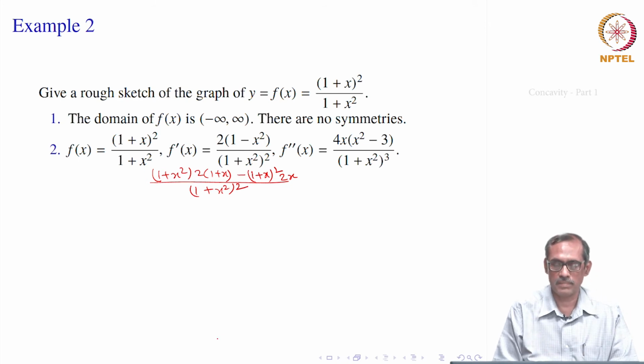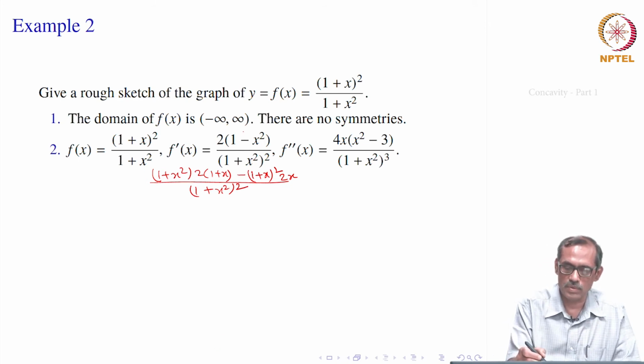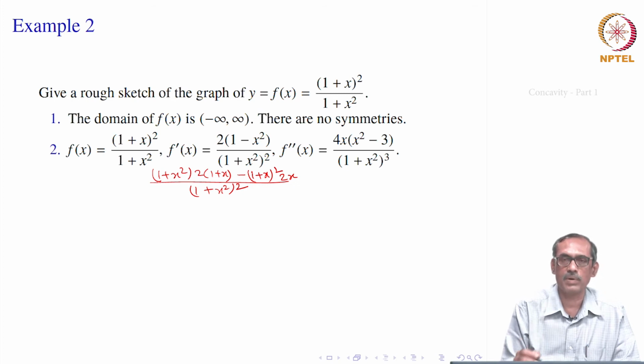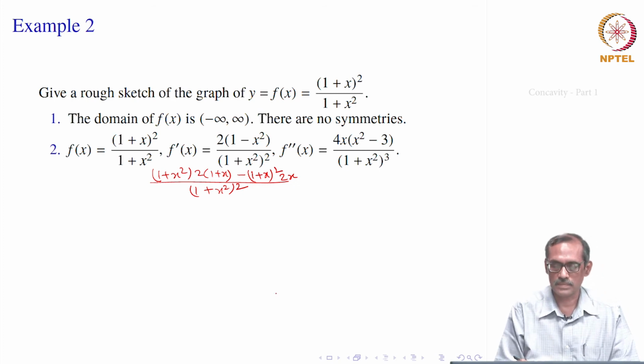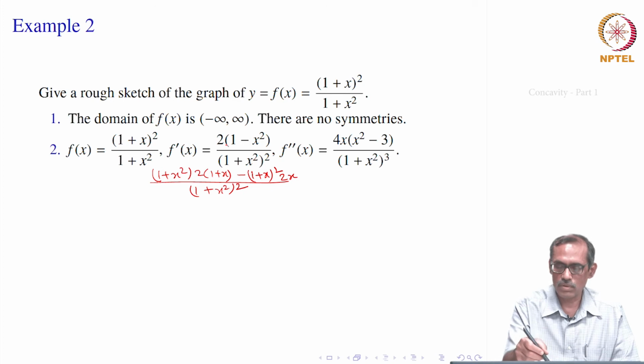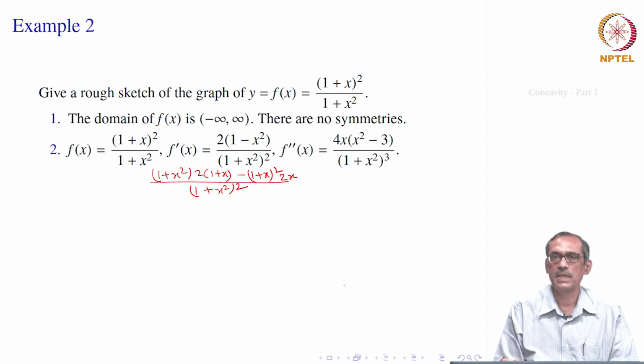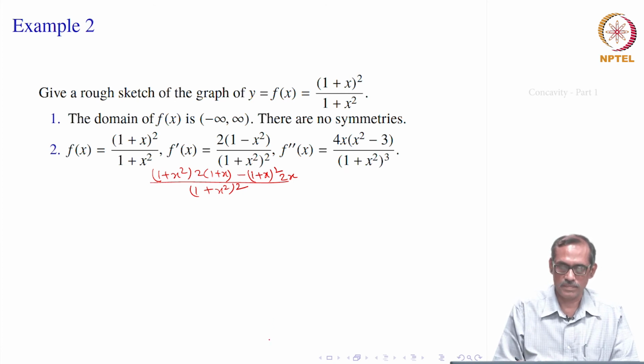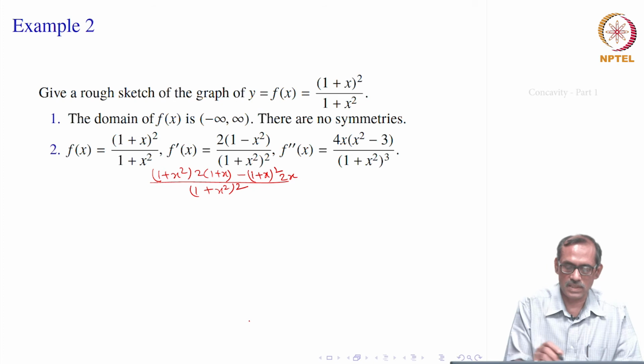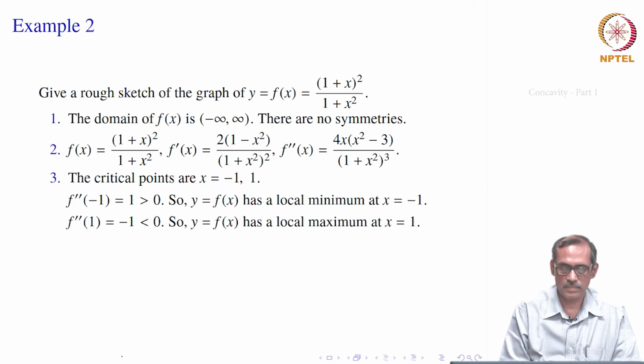That will be the derivative. So, if you simplify, that would give 2 into 1 minus x square divided by 1 plus x square whole square. And similarly, you go for the second derivative, differentiate it again, you would reach here, it will be 4x into x square minus 3 divided by 1 plus x square to the power 3. So, 1 plus x square is cancelled. So, that is the first and second derivatives.